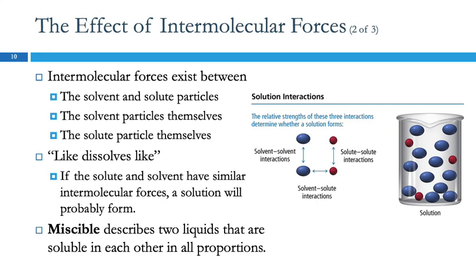No, because they would not understand each other. So the natural thing is you're going to talk to people whose language you understand. So if these have different types of intermolecular attractions, they're probably not going to mix together.